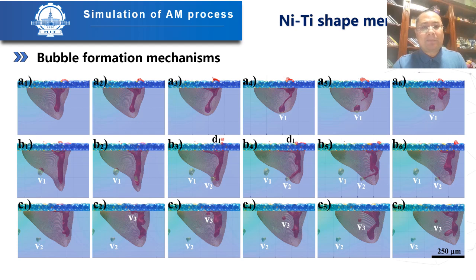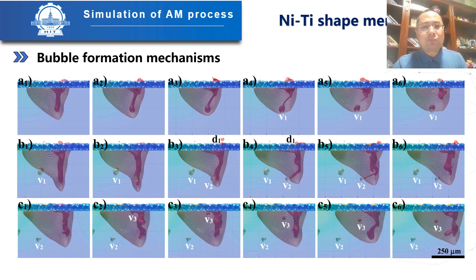The rapid movement of the solid-liquid interface can cause part of the keyhole wall to freeze up. As you can see in Figure B2, these frozen bits can't move anymore, which leads to the development of bubble V2, showcased in Figure B3 to B6.